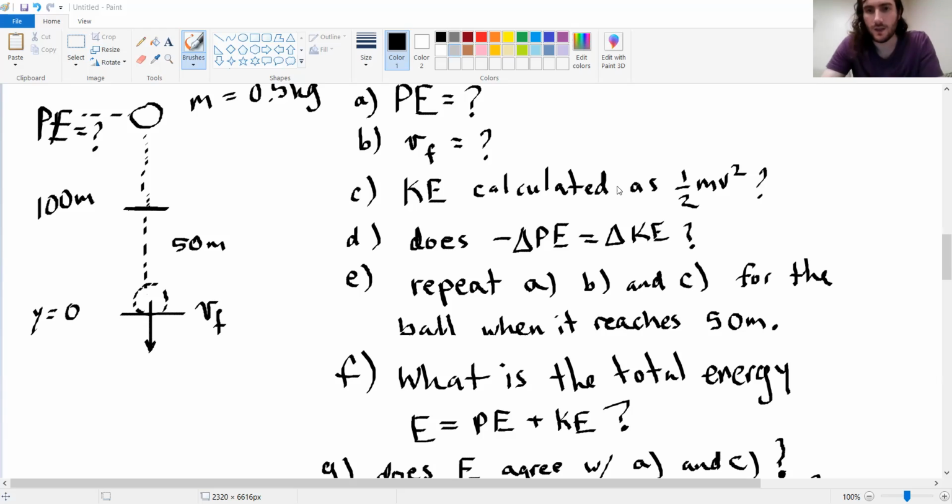Good, right. Exactly, 490 joules. Does anybody have the final velocity yet?